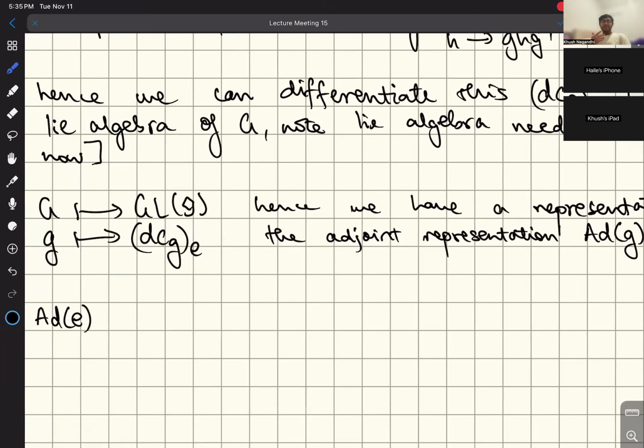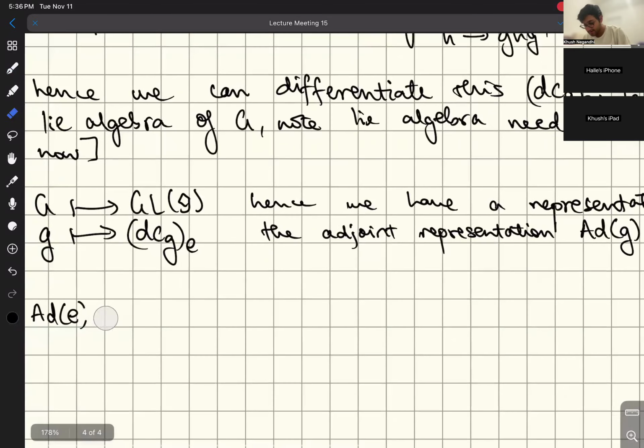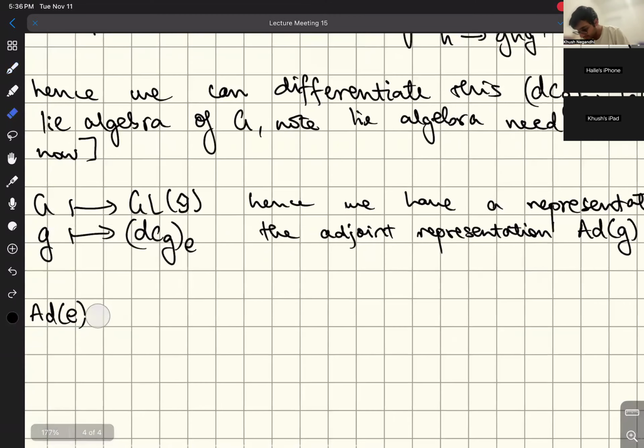You can check very simply using the chain rule that this should give you a representation. So the adjoint representation at identity is nothing but dC_e at e, but this is just the identity map, as we expect.